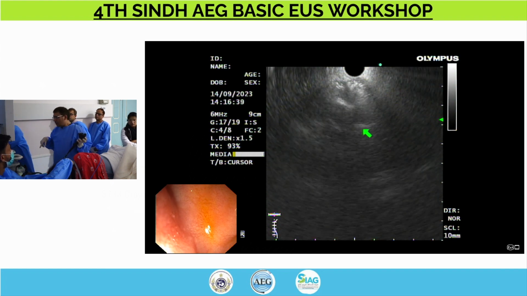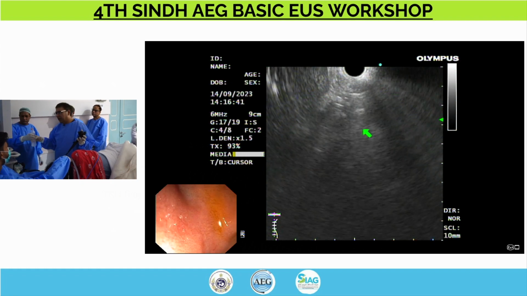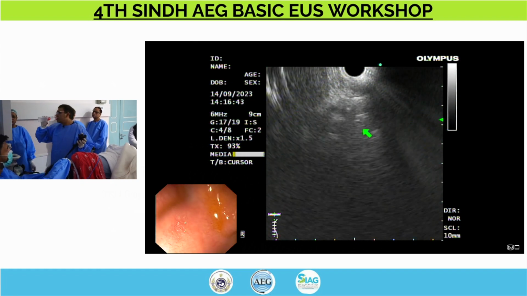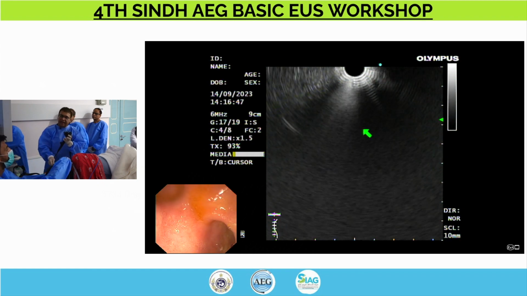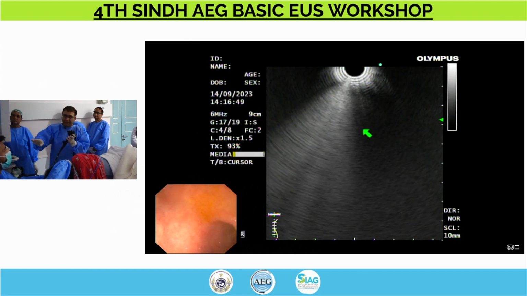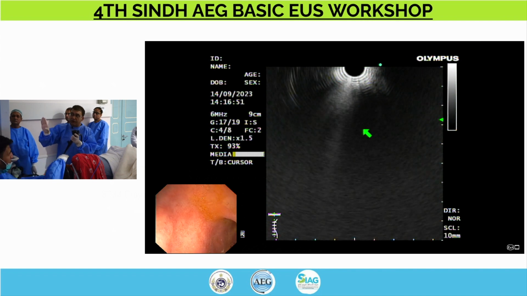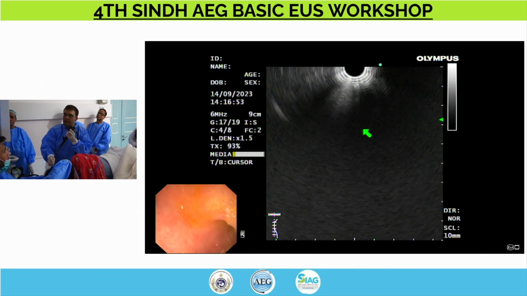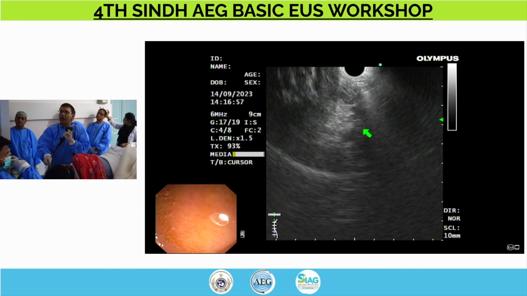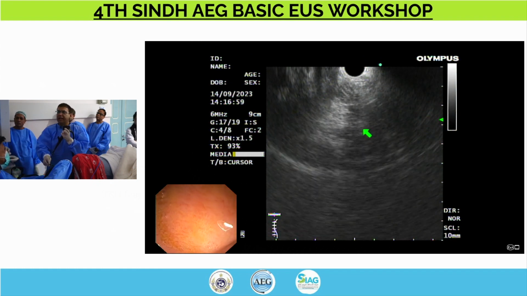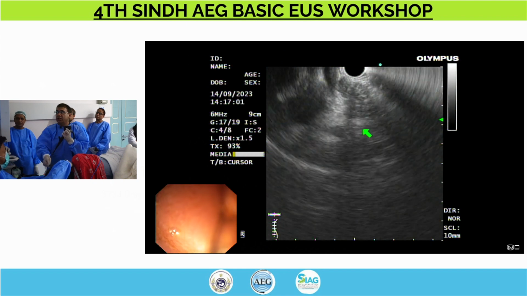And once you get into the duodenal bulb, look at the duodenal apex. You see the duodenal apex? You are going to put your transducer right at the left upper corner of your duodenal apex and suction that.